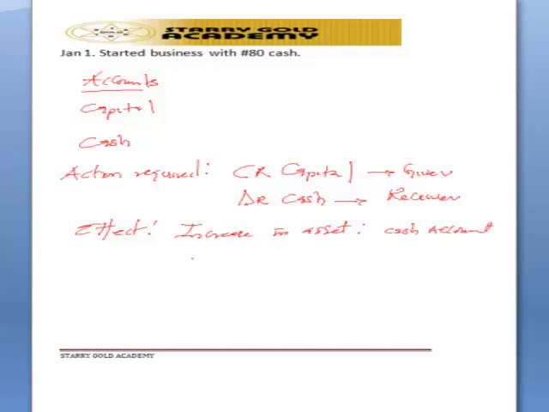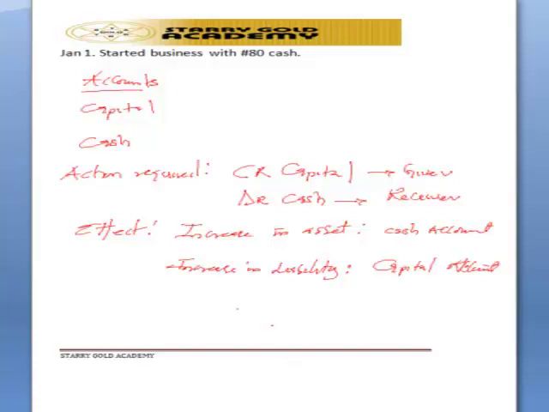And a credit entry in liability. Capital is a liability, so there is an increase in liability, and that liability here is the capital account. So that is the action to be taken and the effect of this transaction.